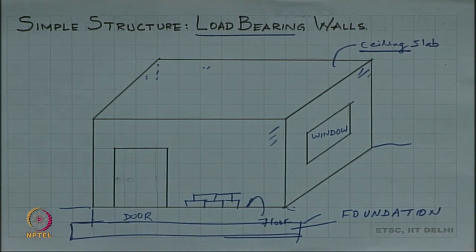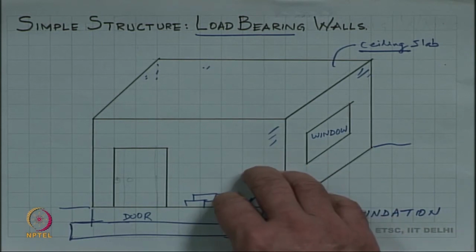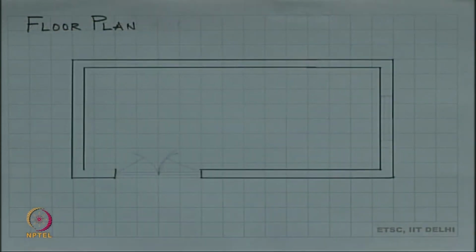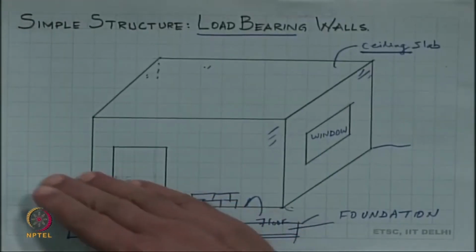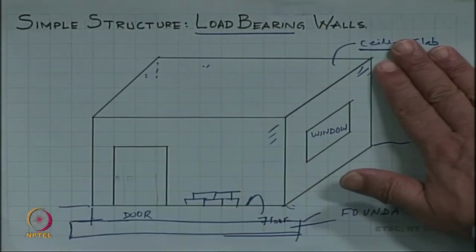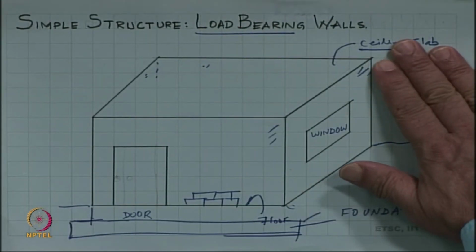So, let us see how we can show these in orthogonal views. We will start by looking at what we call the floor plan, which means that if I cut this building in a horizontal plane somewhere all the way through, what will I see?